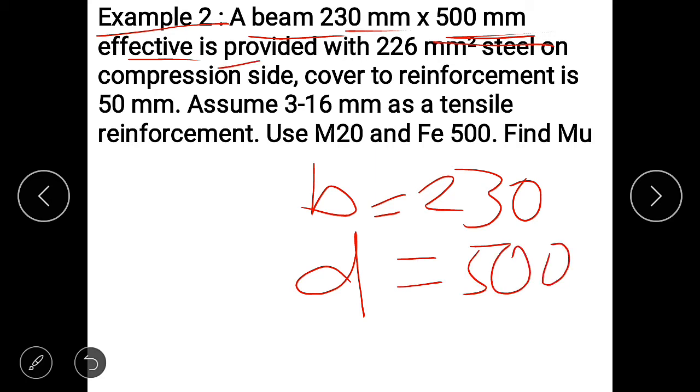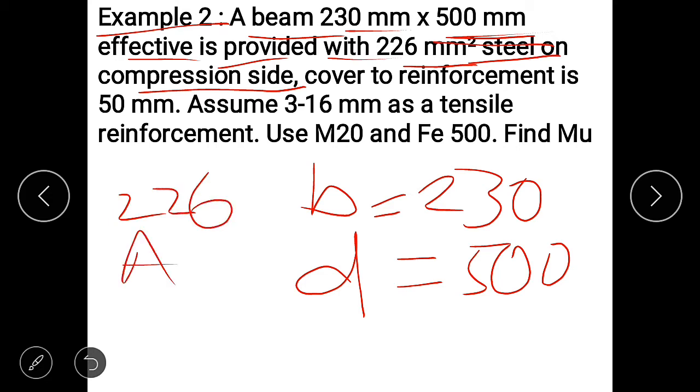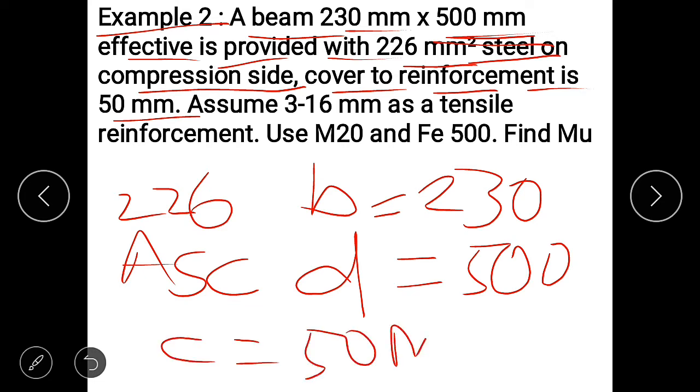It is provided with 226 mm square steel on the compression side, means 226 is ASC, area of steel in compression side. Cover to reinforcement is 50 mm. Here cover, d dash, is 50 mm.